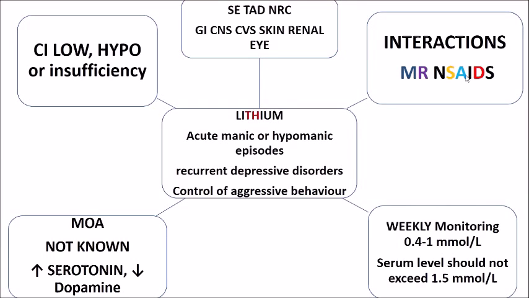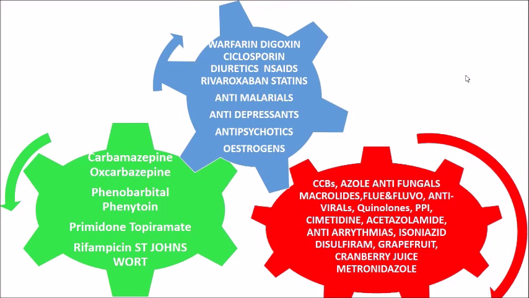So if we go on, as I said, enzyme inhibitors and inducers, these medicines are all substrates for many cytochrome P450 enzymes. So any medicine that inhibits or induces these enzymes will change their concentration.